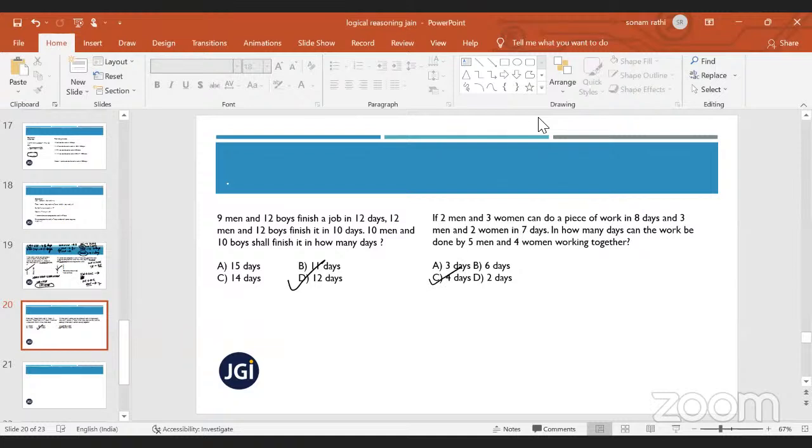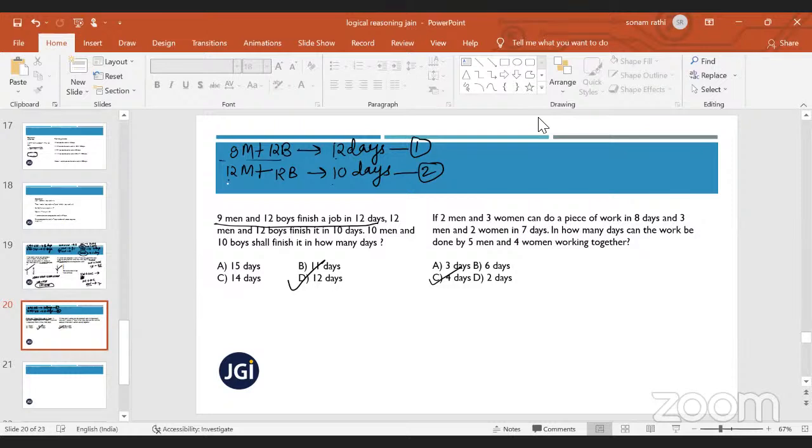First, 9 men, 12 boys, 12 days. Equation 1. 12 men, 12 boys, 10 days. Equation 2. Divide by 12, multiply by 12 on this side, divide by 10, multiply by 10 on this side.